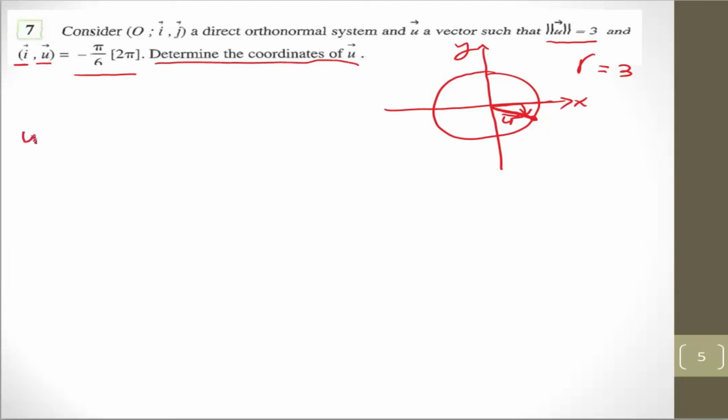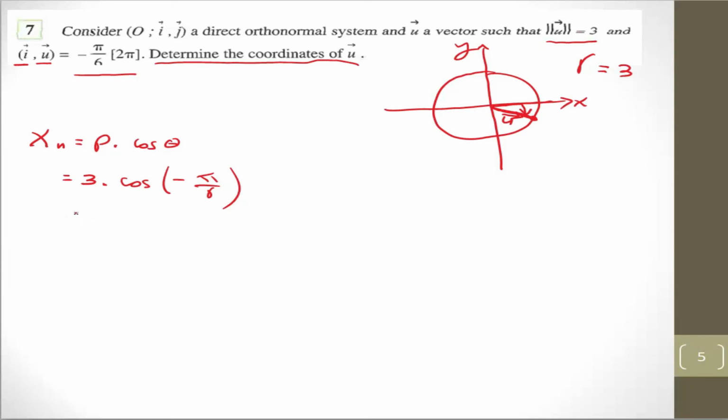So let's write x_u, using the same formula: x_u equals p times cosine theta, which equals 3, since the magnitude of u and the radius is 3, times cosine of minus pi over 6.